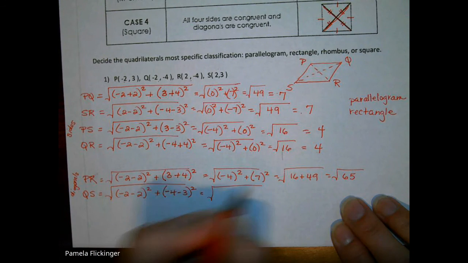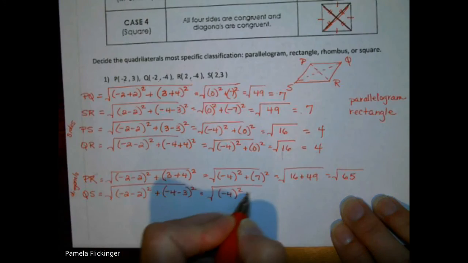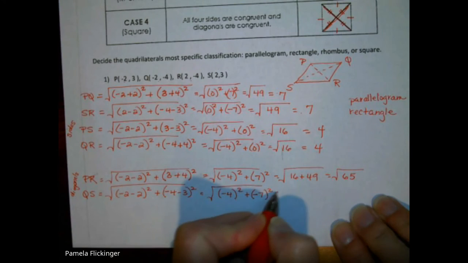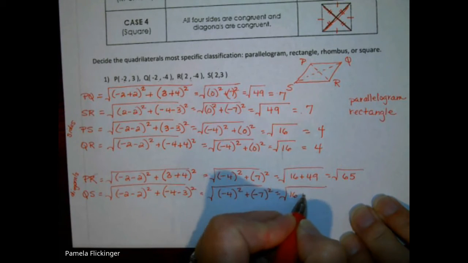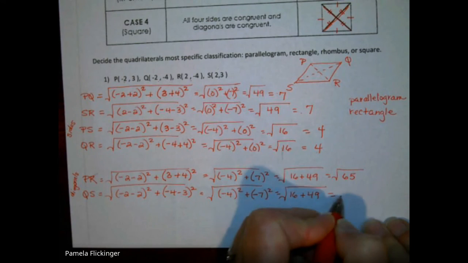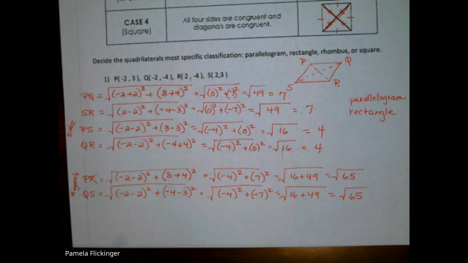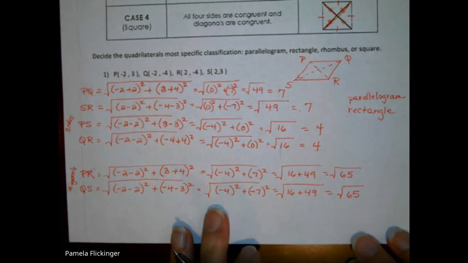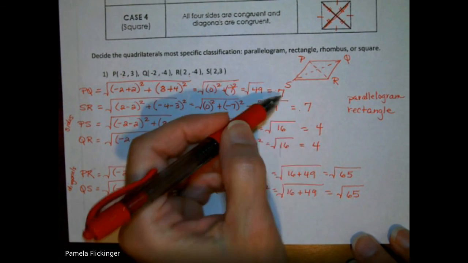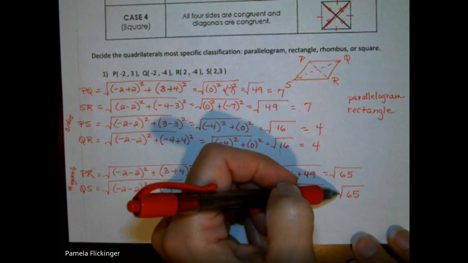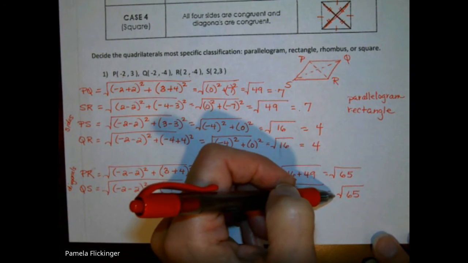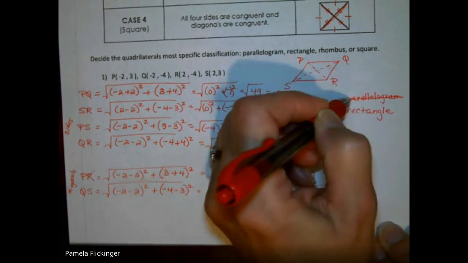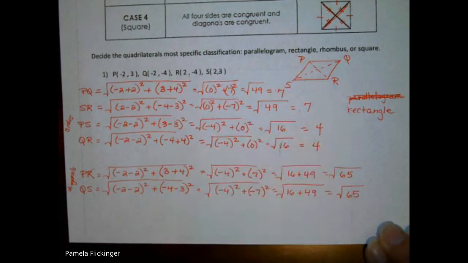So it looks like we've got negative 4 squared and negative 7 squared, but both of those turn positive, so we will end up with the square root of 65. All right, so we've got opposite sides congruent, and we have the diagonals congruent. So I can cross off parallelogram because the diagonals are not congruent in that. So this is a rectangle.